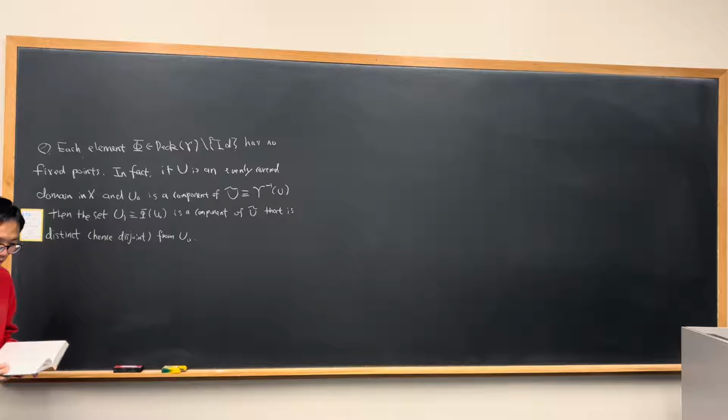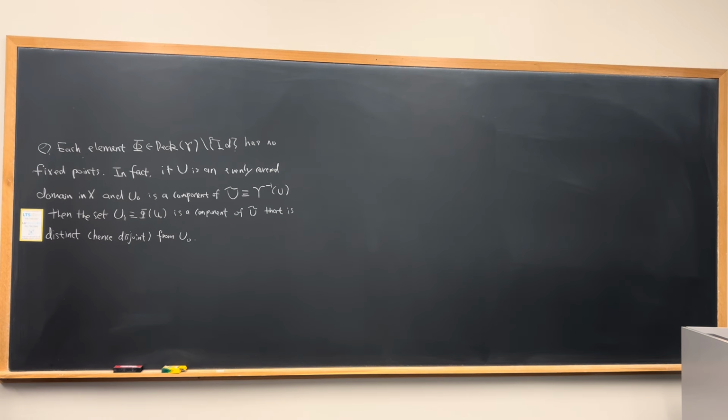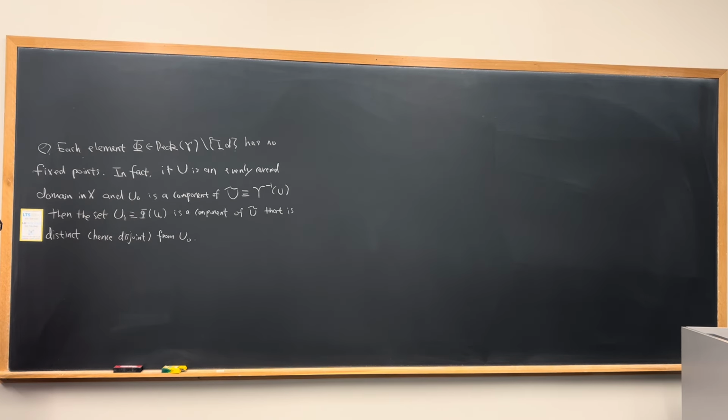Okay, so let me just do the proof here. I want to show that each element phi in the deck transformation group of gamma minus the identity has no fixed point. So why does it have no fixed point?